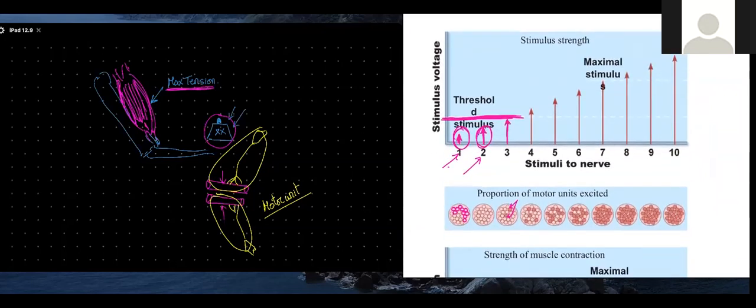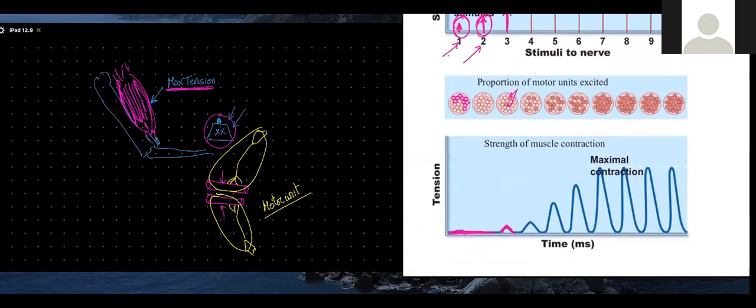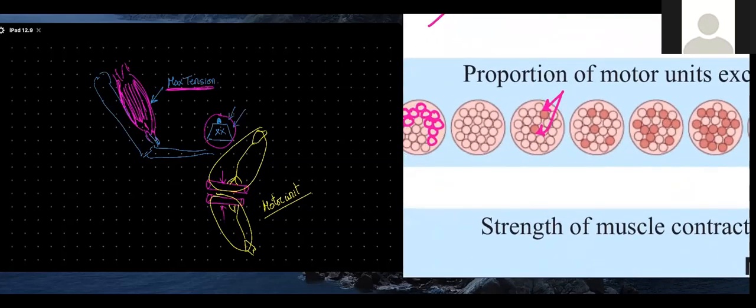How about a threshold stimulus? Threshold stimulus creates a minimal observable muscle contraction, and it will be responsible for recruiting the minimal number of muscle fibers to allow this contraction to take place.